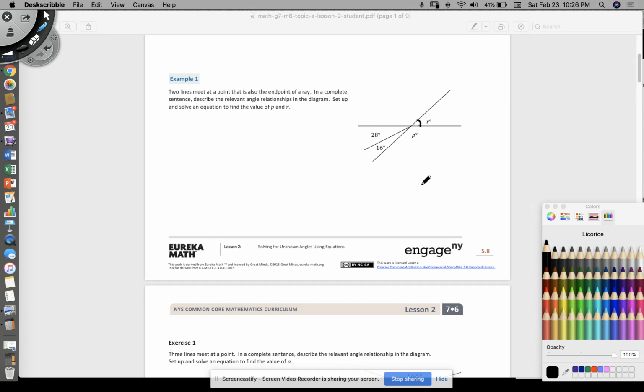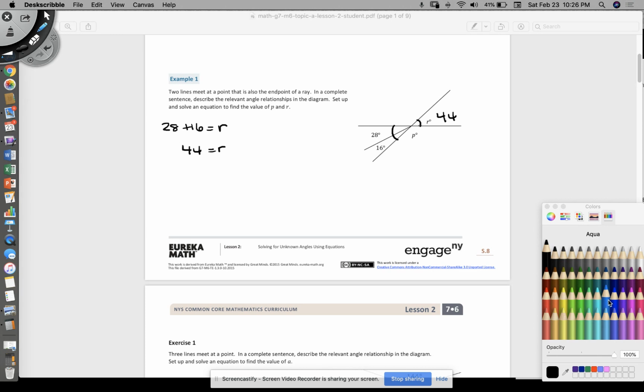Now, I can see that R is also the same as the vertical angle of adding these two together. That would be the exact same. So if I said 28 plus 16 also equals R, 28 plus 16 gives me 44, so 44 is R, since those are vertical angles.